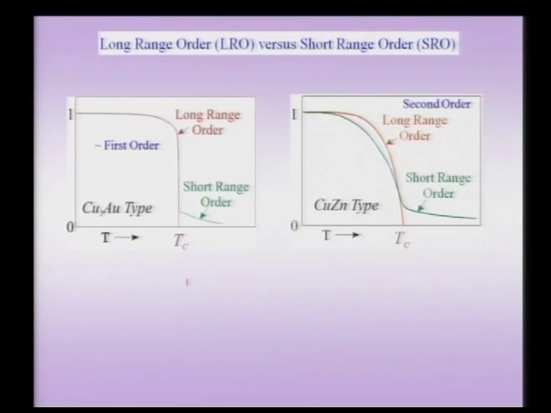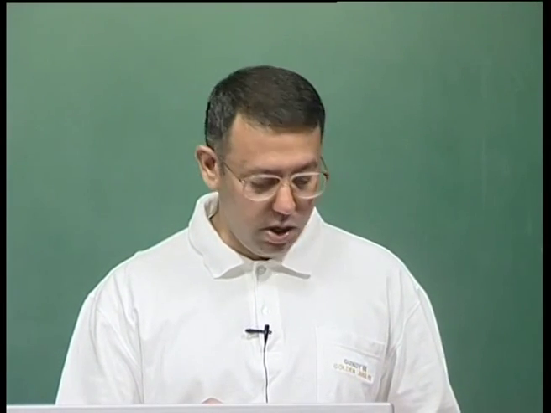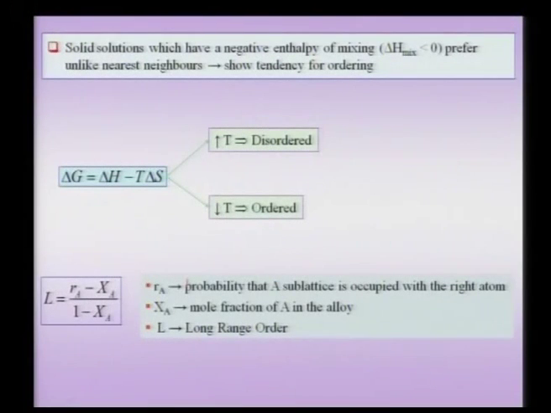But what I am focusing on here is the change in order with temperature. And now I am not only talking about the long range order, but I am also talking about the short range order. Okay. And now suppose I have perfect ordering, that means that all my A atoms are sitting in the right place, which means that this is 1, 1 minus 0.5 is 0.5, 1 minus 0.5 is 0.5, that means L is equal to 1.